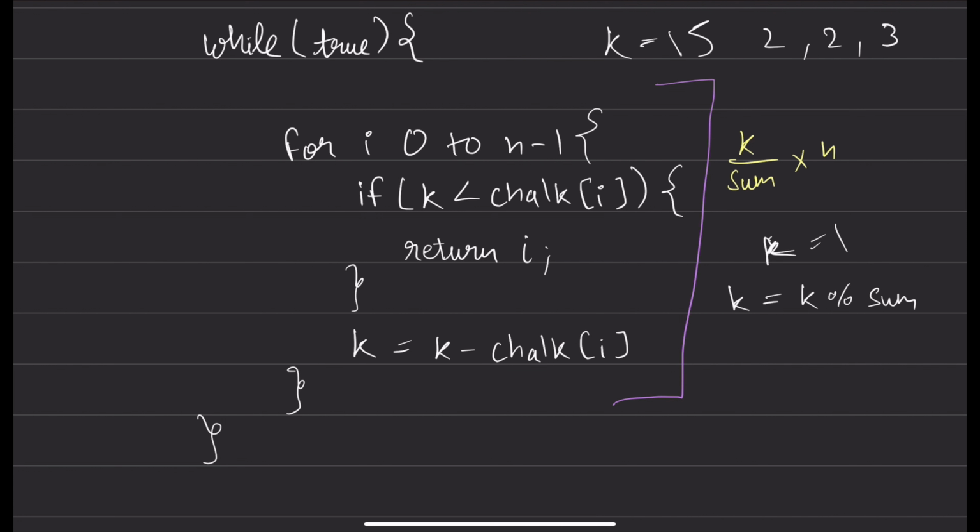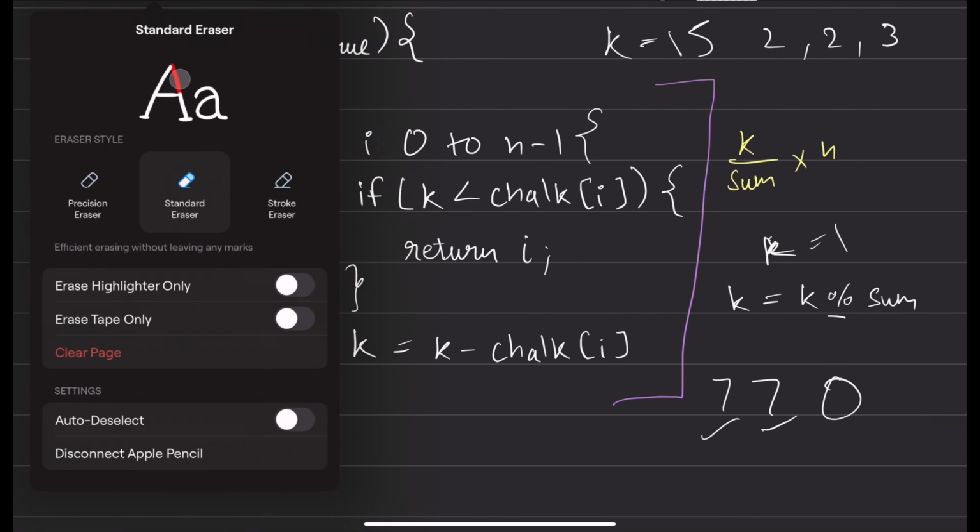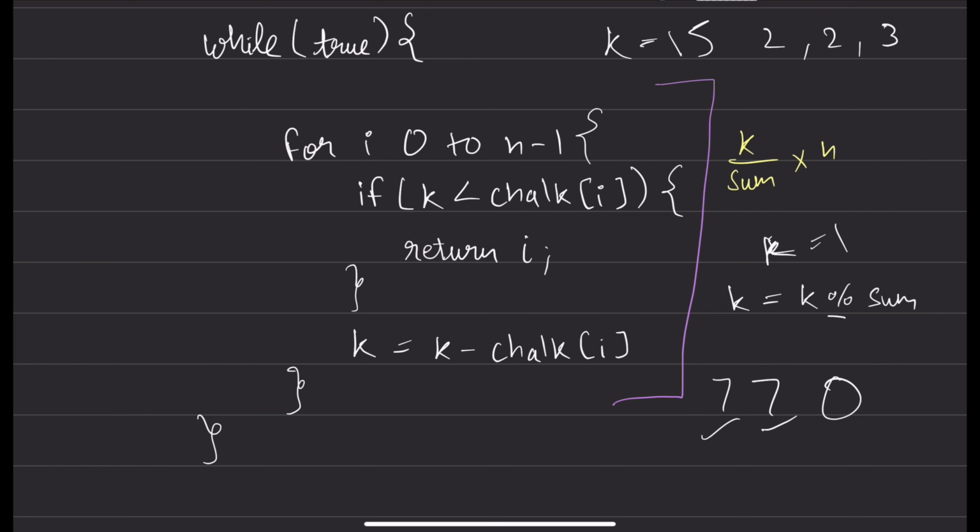What this modulo operation is doing is that I am just reducing the 7 many times from it, and whatever remainder I get is what remains. I have reduced this 7 from this 15 two times, and then I get k as 1. So I have gone to the last iteration with k equals 1.